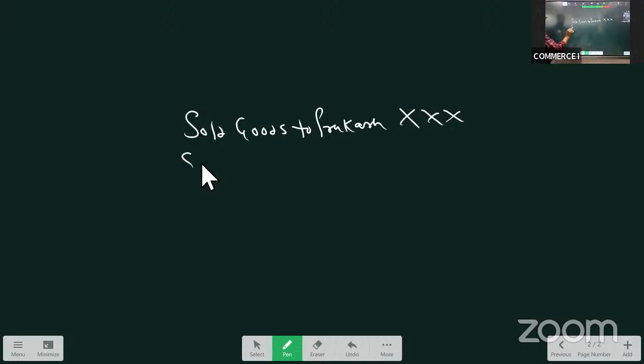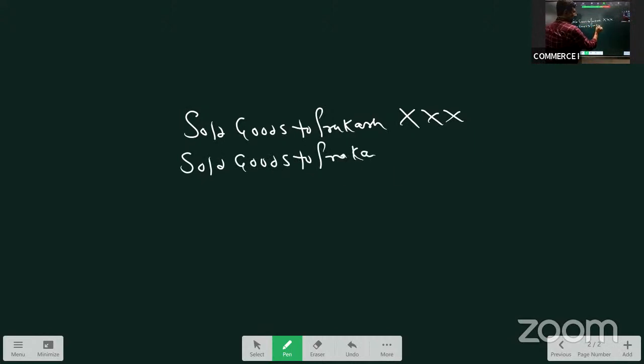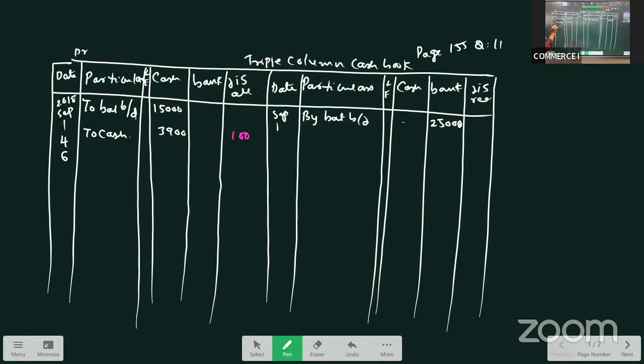But if it is given like this, sold goods to Prakash for cash, then it means Prakash has paid cash. So it is a cash transaction only. So this entry will appear as to sales. See, don't write to Prakash. We should write to sales. How much? 2,800.